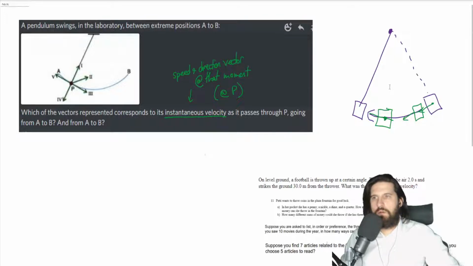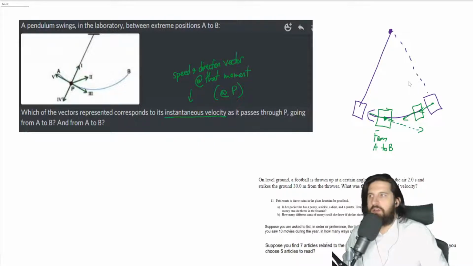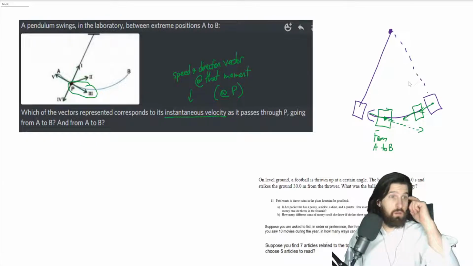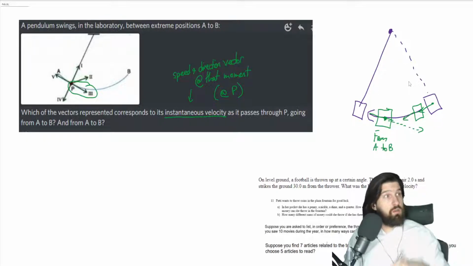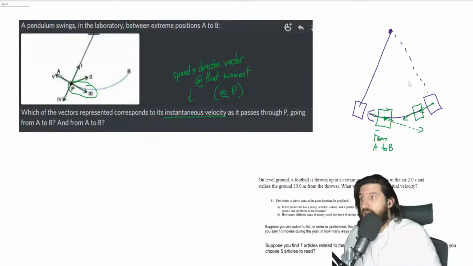So, okay, this is from A to B. You said it was 3. All right. So then what is it from B to A?